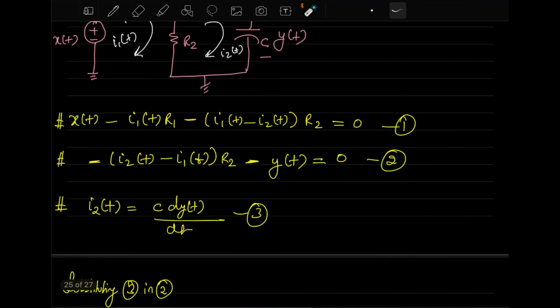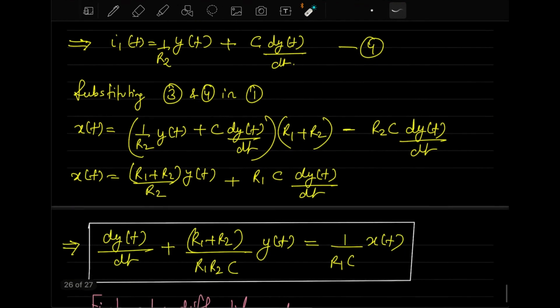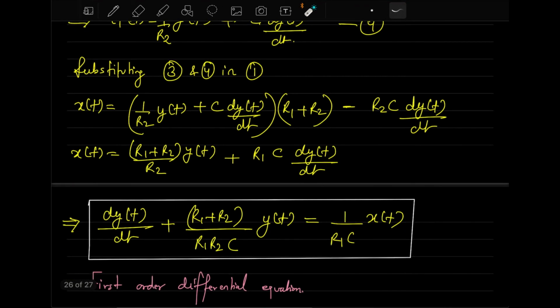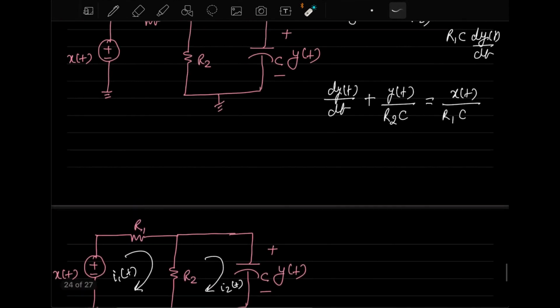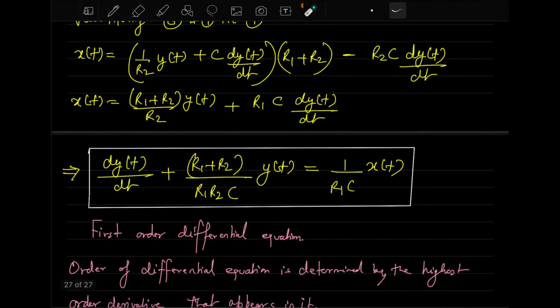Yes, some similarity, but this factor is also missing over there, and R1, R2. Here also one factor is missing, and the only factor missing is this. So you can check back and see that.